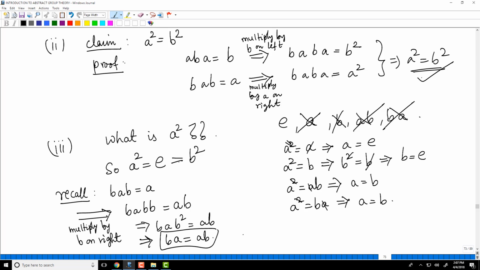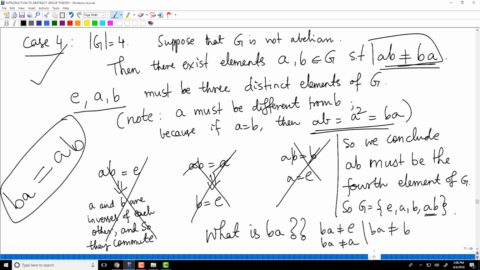So again we conclude that G is abelian, G being any group of order 5. Okay. So, just to recap what we have done.